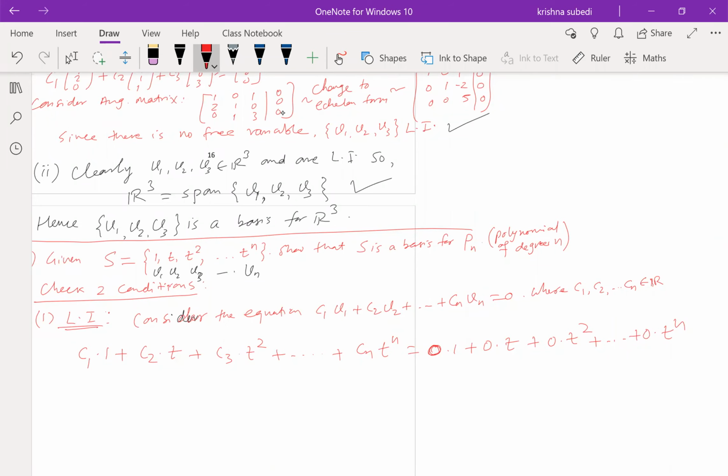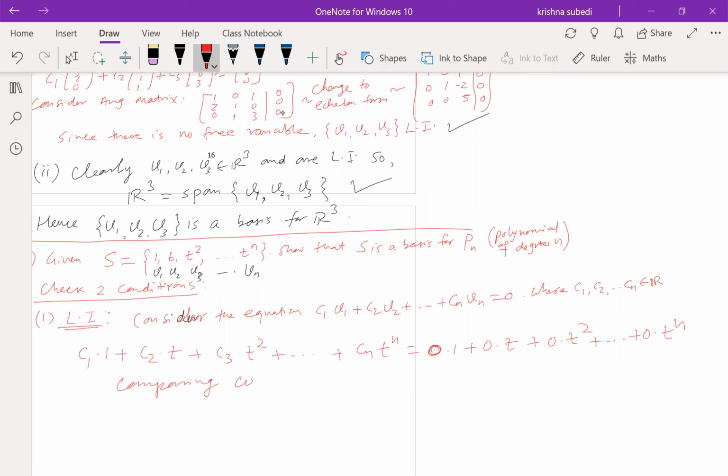Now you can actually compare the coefficients. Because in this case, changing into echelon form and then checking whether vectors are linearly dependent or independent is a little bit tedious, but I think this method is the easiest one. So I'm going to use the definition of linearly independent vectors.